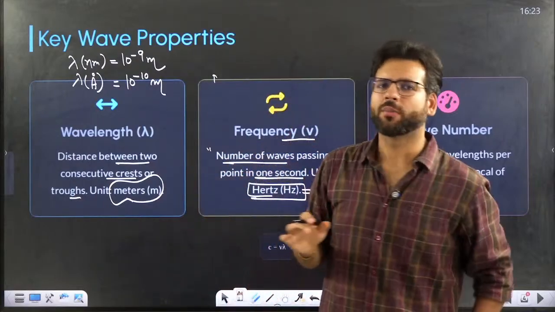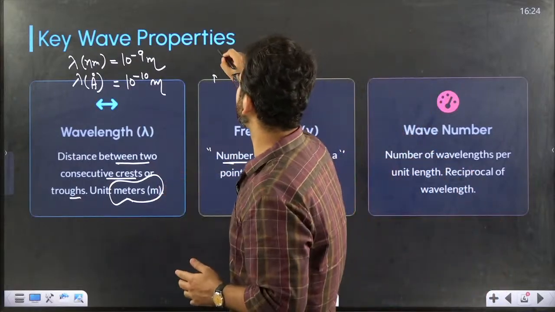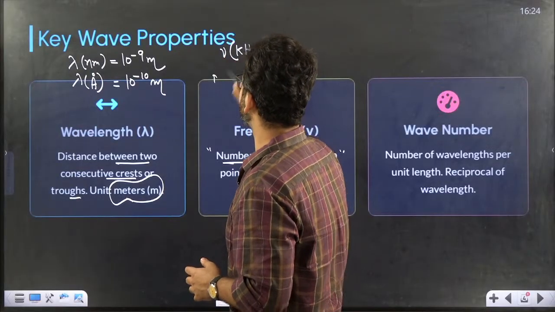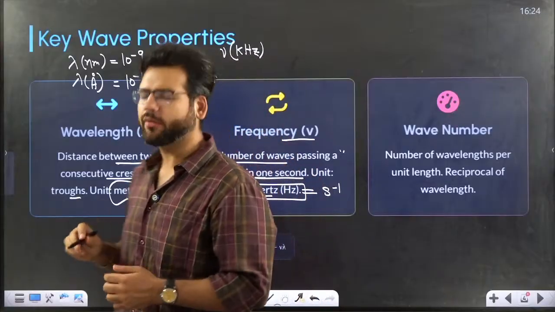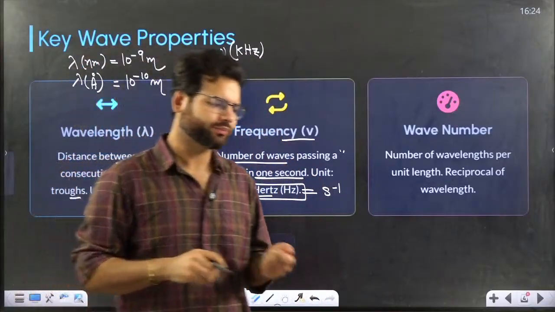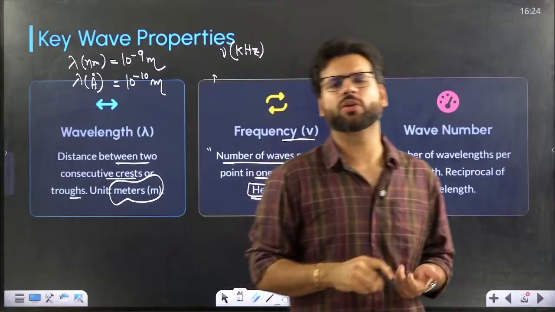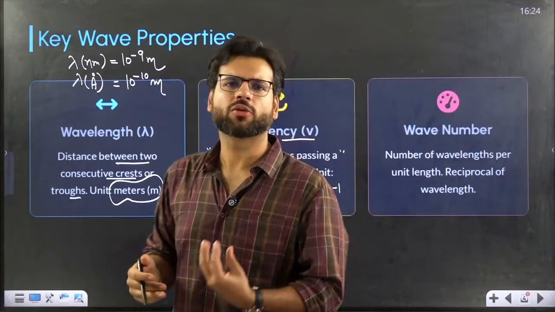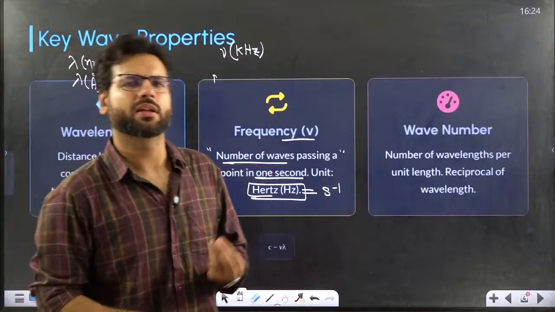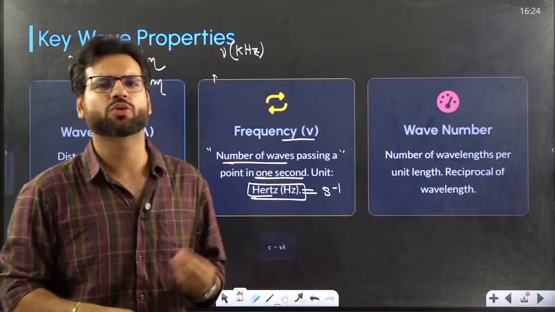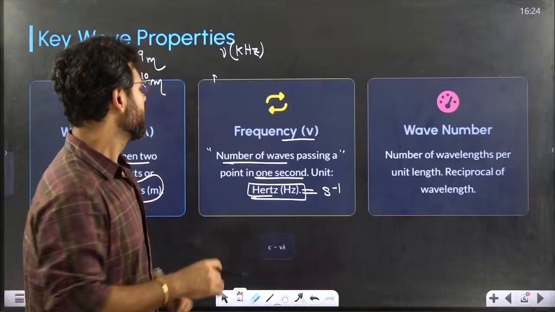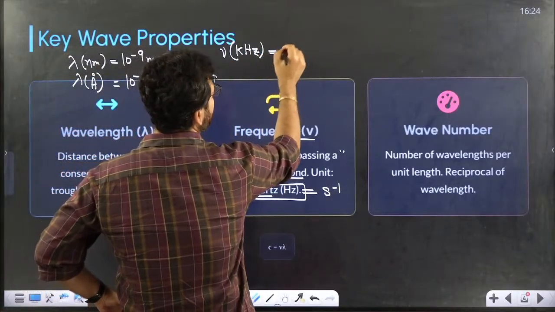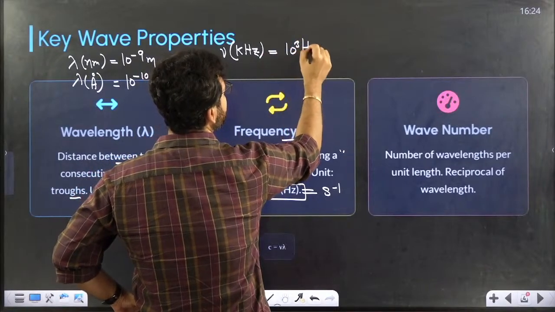terms of hertz, but in bigger units like kilohertz, kHz. You might have seen that whenever you are surfing through the radio, you see the frequency in kilohertz, or whenever you purchase a new computer, you see the frequency in gigahertz, like the processor is 2.5 gigahertz. Kilohertz means you have to convert it to hertz, so it will be 10 power 3 hertz.